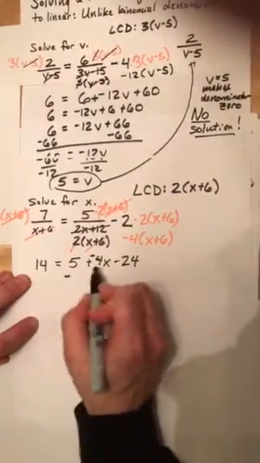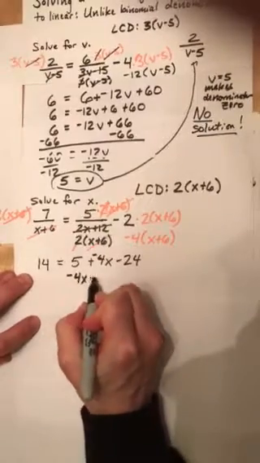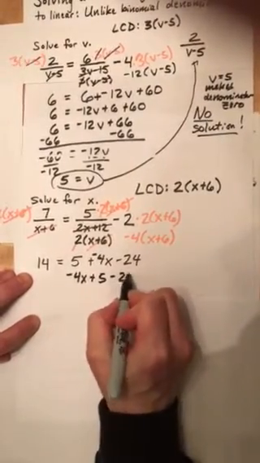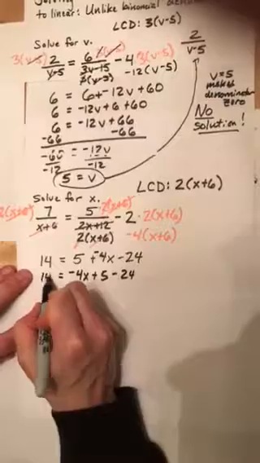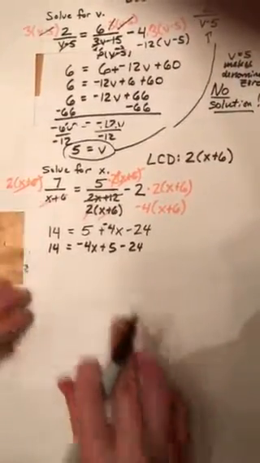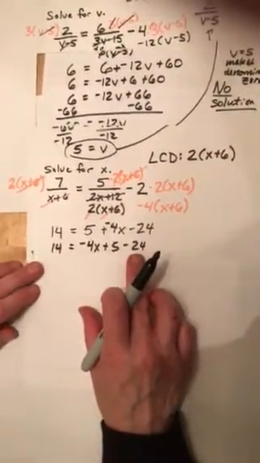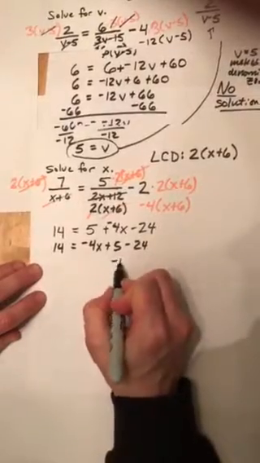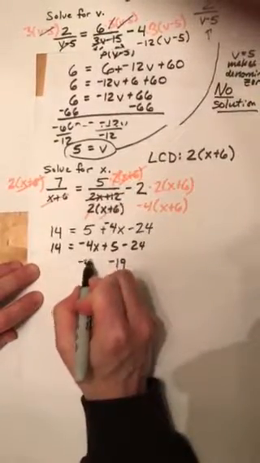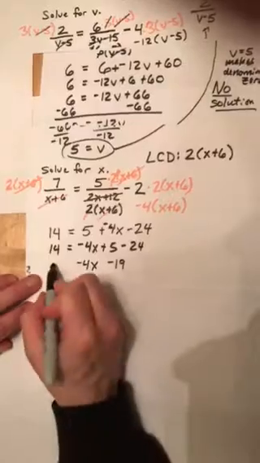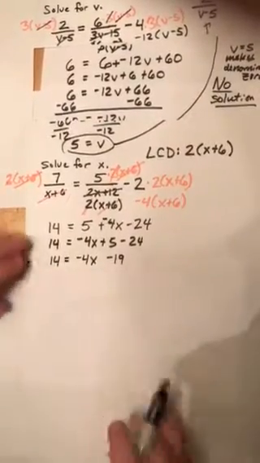Then I switch the order of these two terms, negative 4x plus 5 minus 24. Okay, now I can combine the 5 minus the 24, which would be negative 19. So I have negative 4x minus 19, and on the left-hand side, 14.